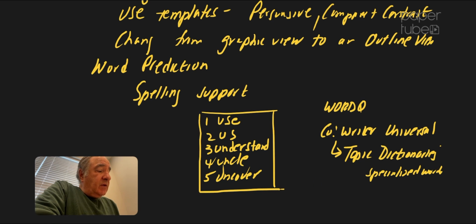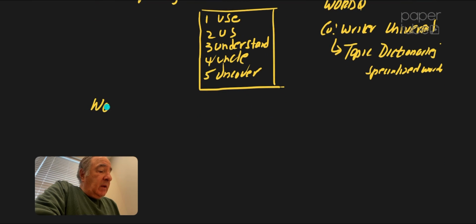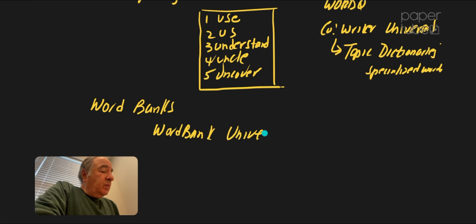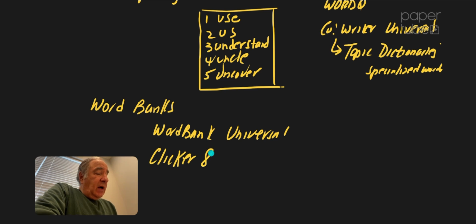Students who also need support for spelling might take advantage of having word banks available. Some popular applications are Word Bank Universal, and also another piece of software from Crick Software, Clicker 8, which can provide some really nice word banks.